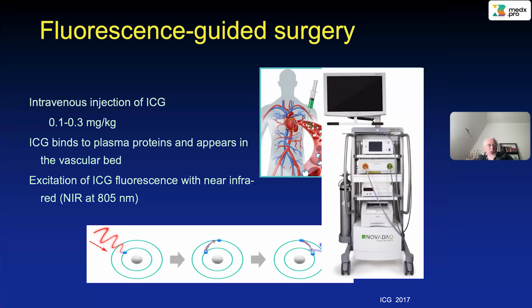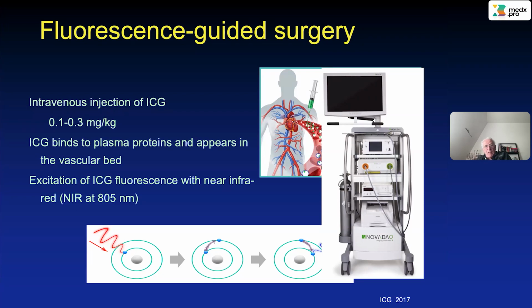And then when you irradiate the tissues with near infrared light, which is 805 nanometers in wavelength, this excites the ICG, which becomes fluorescent.